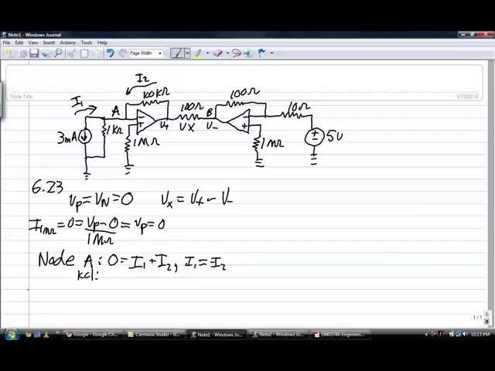Now the question is, what are those? And one other little tricky thing in here is we have a current source instead of a voltage source. However, luckily the problem set it up perfectly for us to convert this using source transformation into a Thevenin voltage source. So let's do that over here. We have a 3 milliamp source, so our current is equal to 3 milliamps.